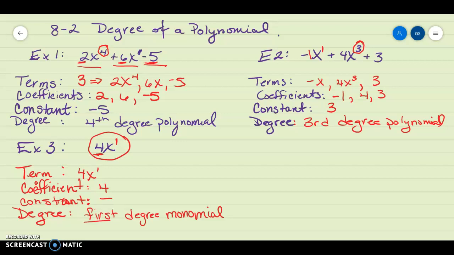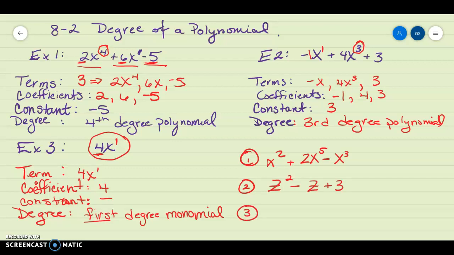Well, all right. I'm going to give you a couple to try. Number 1, x squared plus 2x to the 5th minus x to the 3rd. Number 2, z squared minus z plus 3.